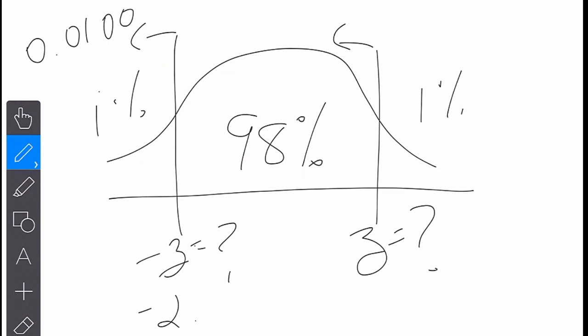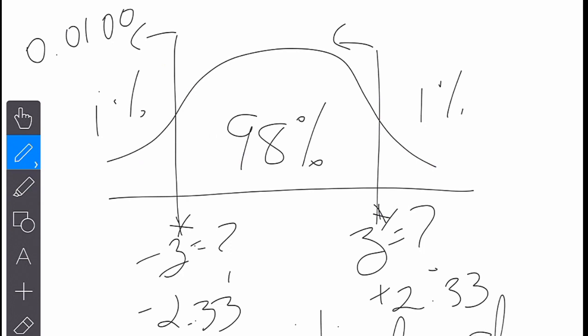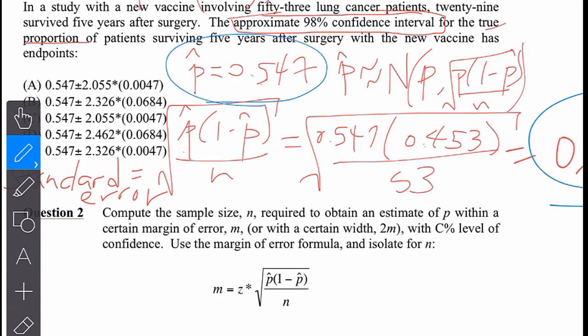Yeah, that's right. It's -2.33. And because of the symmetry, this would be positive 2.33. So that is going to be the endpoint. That's going to be the Z star. This is also known as the Z star. I'll put the star on it. They're also known as the critical values.